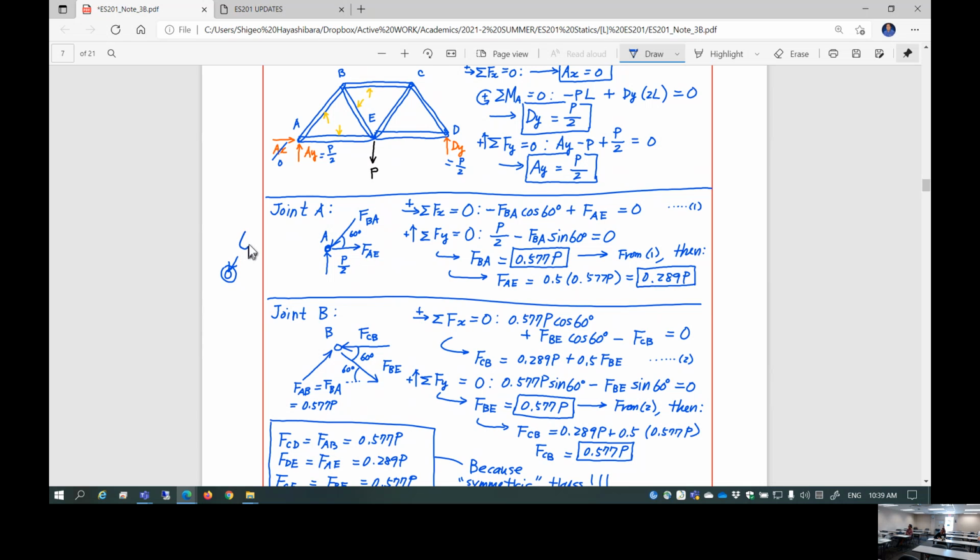If you disassemble it, so this is the pin, you disassemble it. FBA, is FBA tensile?